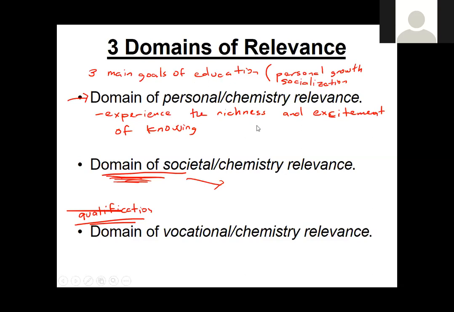Okay, so each aspect must be included if you're going to teach chemistry. And each aspect would have different results depending on what the students really want. If he really wants to be in science, all aspects must be covered. Now, unfortunately, the one that is always questionable is this one.